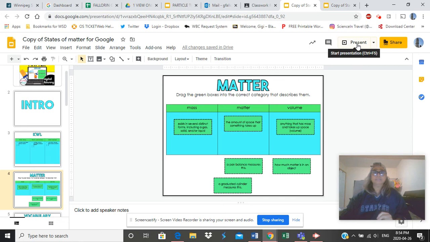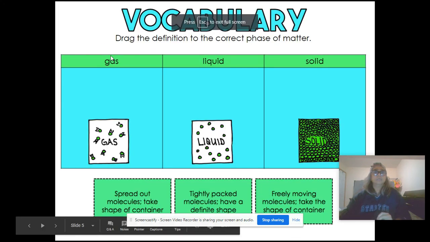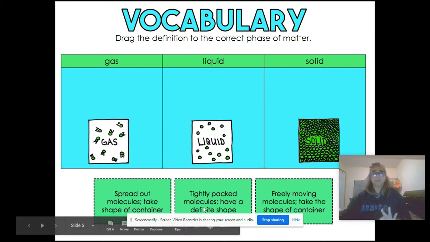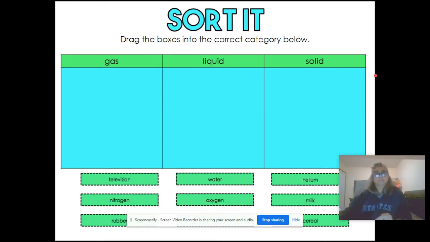And then next slide. On the vocabulary, of course, the three important vocabulary words for this lesson would be solids, liquids, and gas. So tightly packed, where is that? Would that be for solid, liquid, gas? You decide. And then sort it.